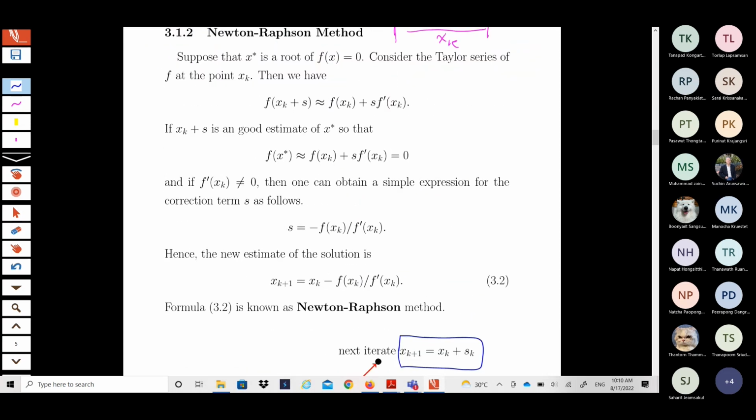Now we consider the Taylor series of the function f at the point xk. Then f(xk plus s) is approximately equal to f(xk) plus s multiplied with f prime(xk), right? This is the first order Taylor series expansion of the function f around the point xk.